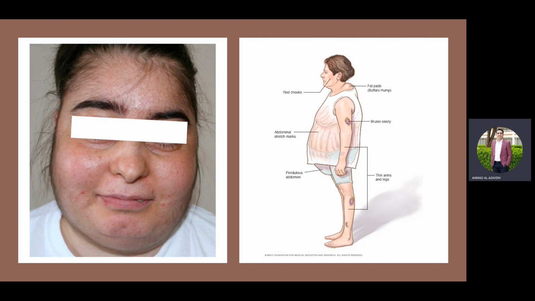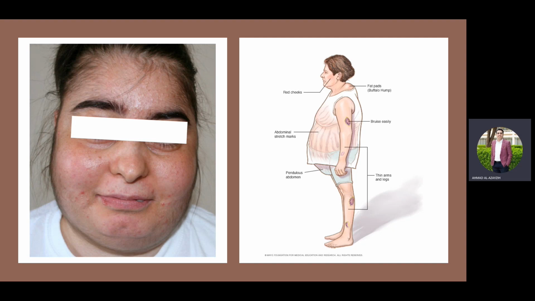Look here in this picture. As you can see, this lady has a moon face, a big rounded face, acne, and hirsutism. On the right, we have fat pads, the buffalo hump. Here is the deposition of fat above the shoulders; we call it a buffalo hump.